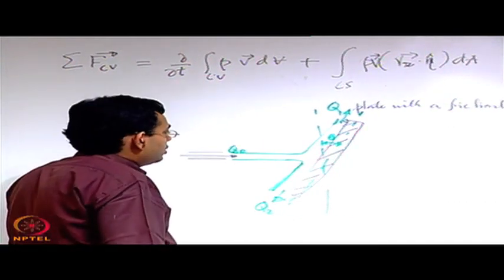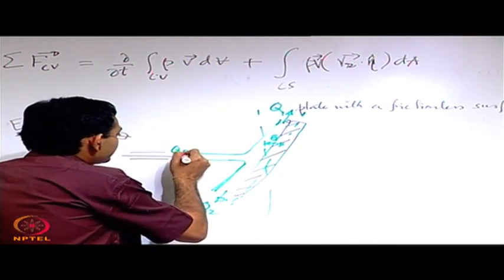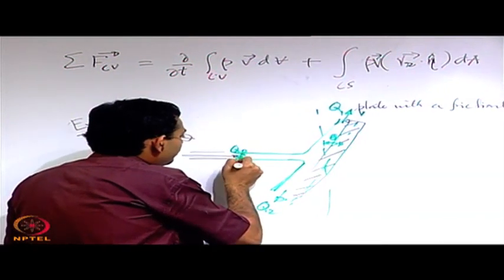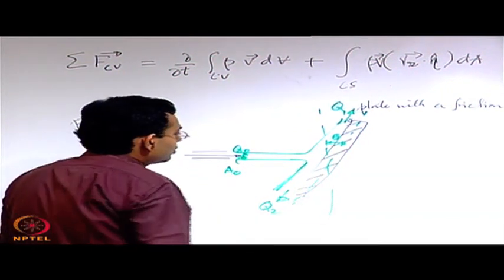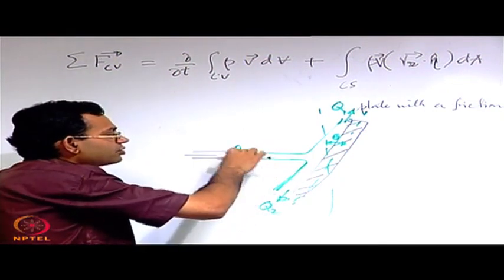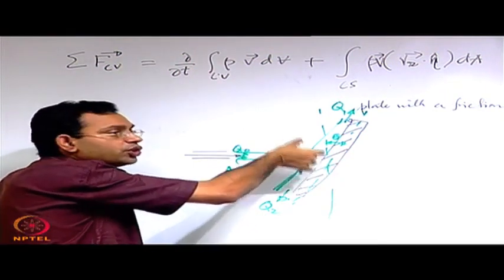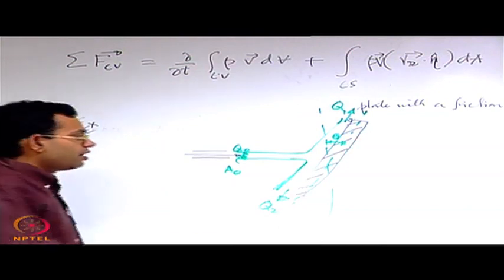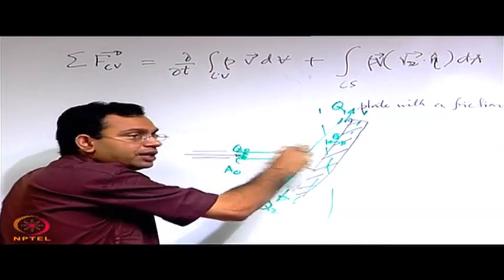Now, let us say that this is the area of cross section of this extreme streamline. So, these are like stream tubes, as they are called. You see that this is not a pipe basically.